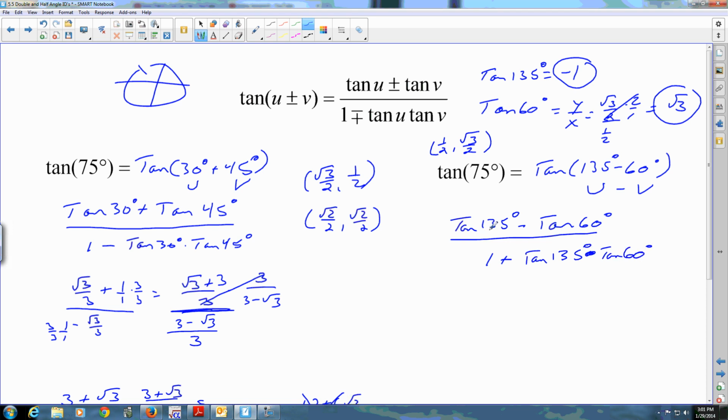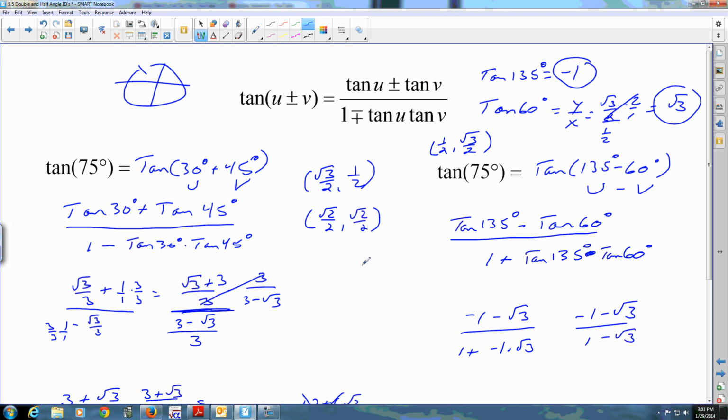Okay, so tangent of 135 is negative 1. Negative 1 minus tangent 60, square root of 3. Hey, that's nice, no fractions. This one is going to be 1 plus tangent of 135, so that's negative 1, times tangent of 60, which is square root of 3. And look, negative 1 minus square root of 3 over 1 minus square root of 3.